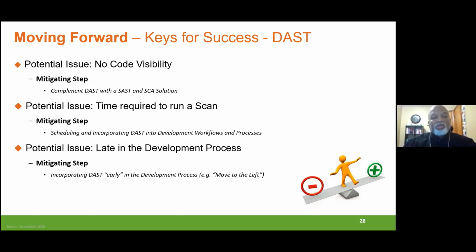One of the potential issues with scans, as you all know, is that they can take a long time depending on the application, how many pages or menus you have to go through. So one way around that is scheduling the scan at different points within the workflow of your SDLC process.